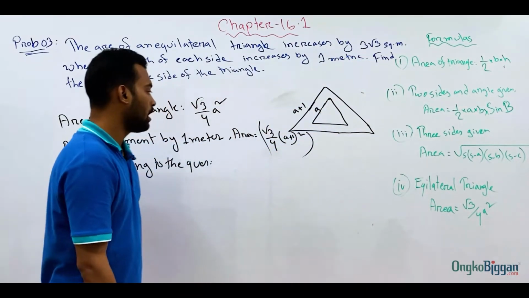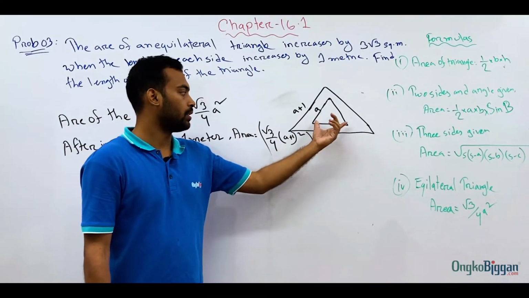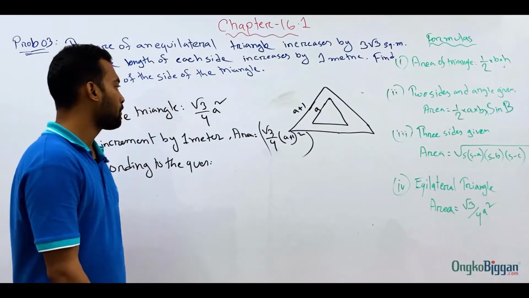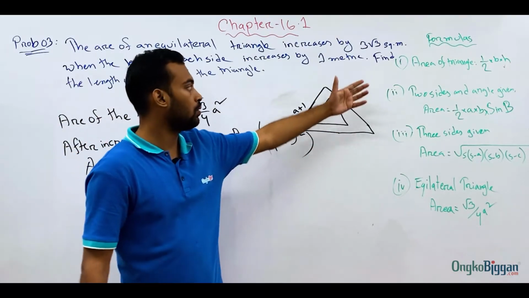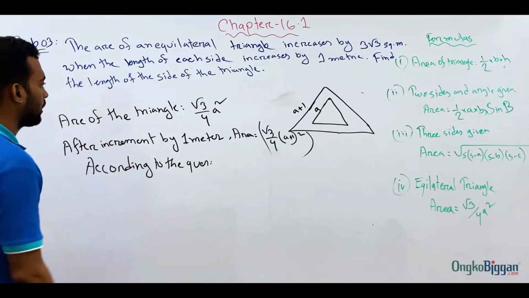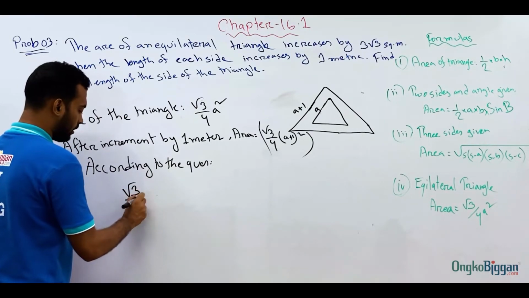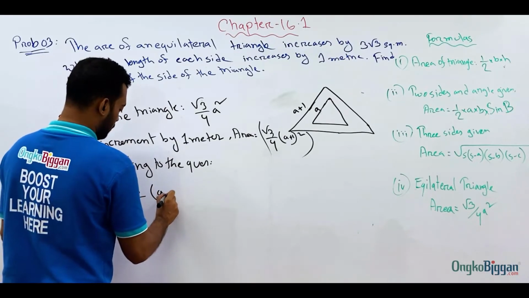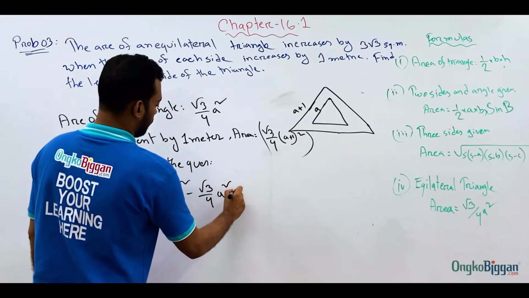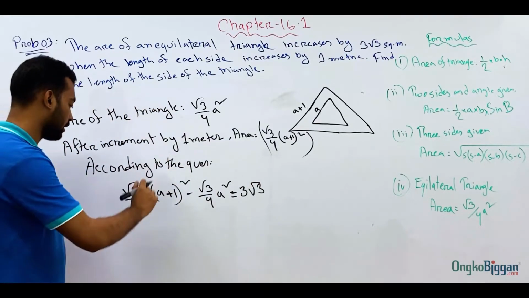That means if we subtract the area of this triangle from the area of this triangle, that should be equal to 3 root 3. Okay, so let's try to figure out the value of A using the conditions above. This is what we know according to the question.